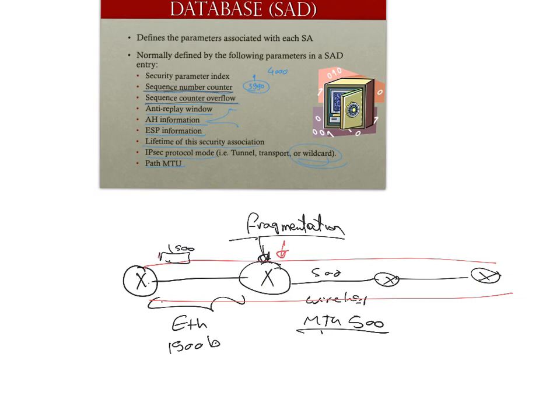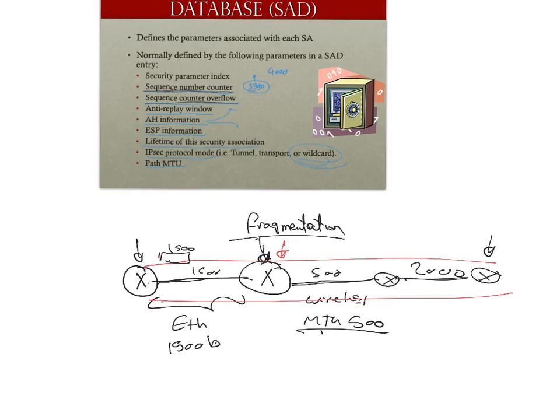So that's why, as part of IPsec, you have to negotiate with the end router to see which part of the network has the minimum maximum transmission unit. So here is 1500, here is 500, here is 2000.